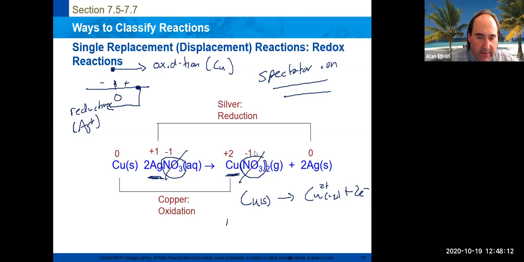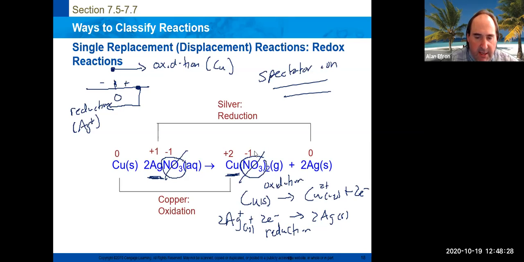And on the other side, we have silver that's going to be gaining 2 electrons and making 2 silvers on this side. This is our reduction half reaction. This is our oxidation half reaction. We know that because in oxidation, electrons are being lost on the product side, and in reduction, electrons are being gained on the reactant side.